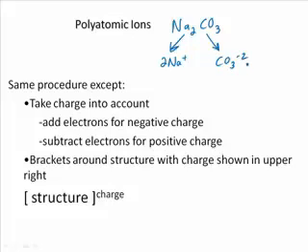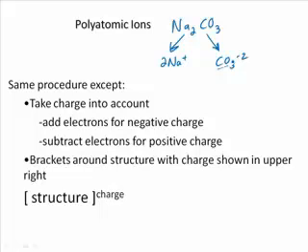So characteristic of an ionic substance is it breaks apart or dissociates in water. But remember, you did not break apart the carbon and the oxygen here, and that's because the carbon and oxygen are covalently bonded to each other to make this carbonate polyatomic ion. Covalent bonds do not dissociate in water.